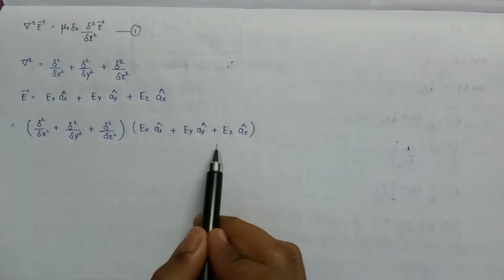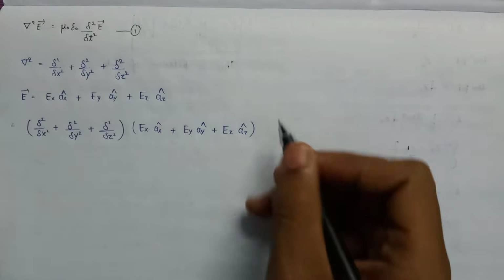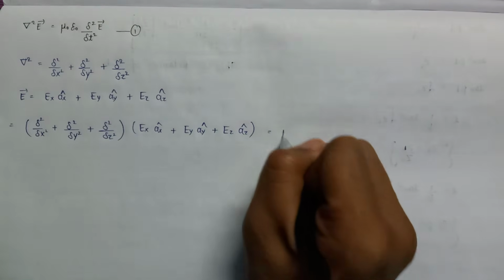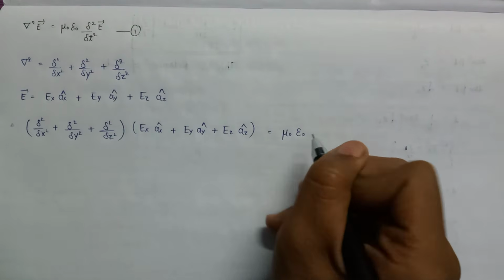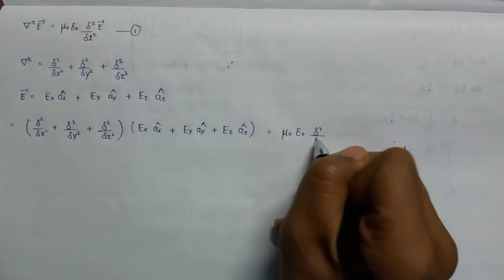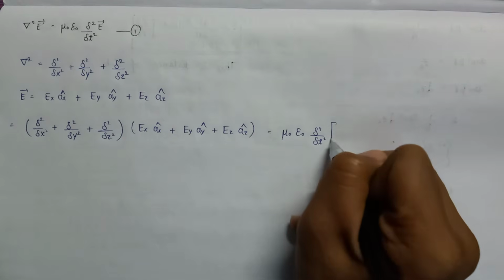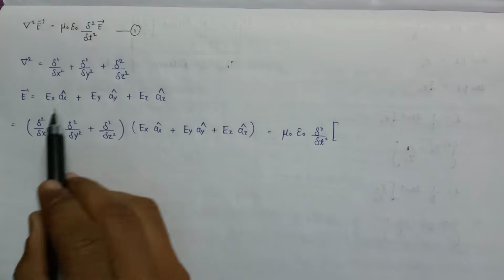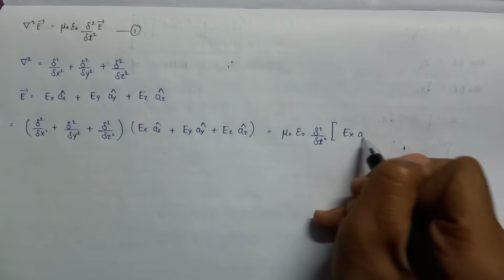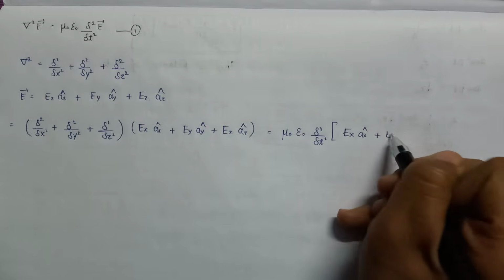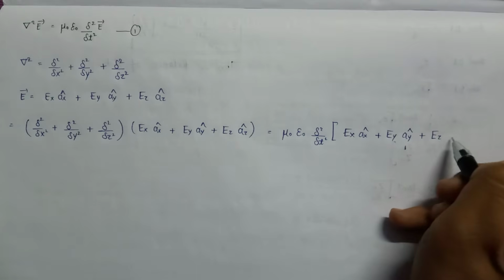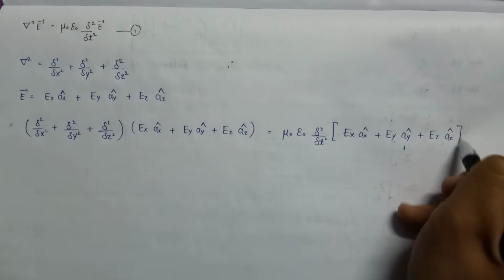Now we are done with the LHS part. Putting the values in RHS, mu 0 epsilon 0 and del 2 over del t square will be written as it is, and in place of electric field intensity, we write this vector expression: Ex Ax cap plus Ey Ay cap plus Ez Az cap.